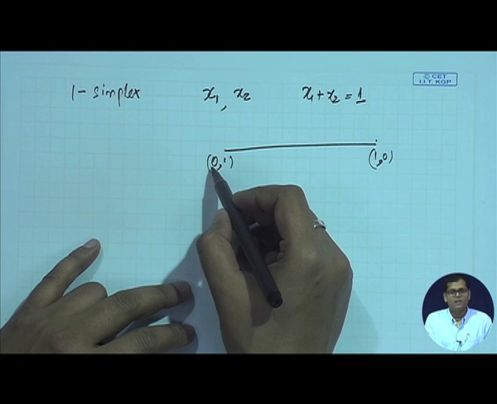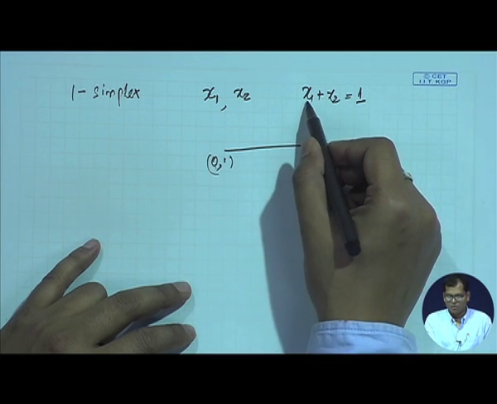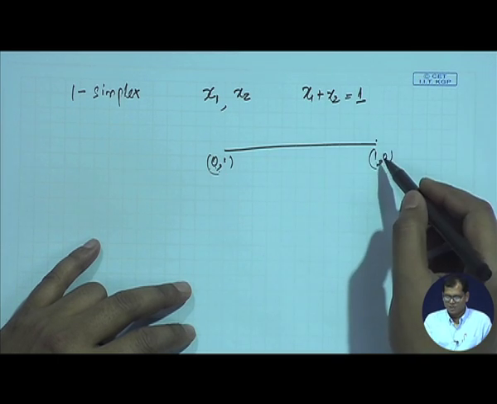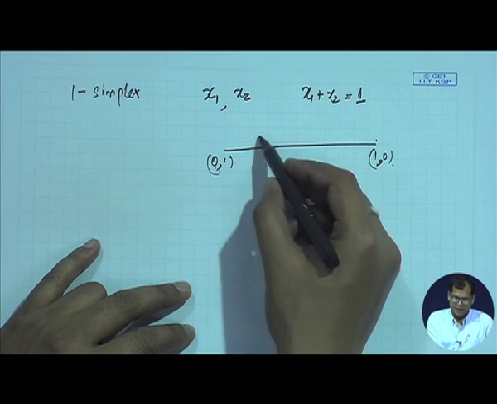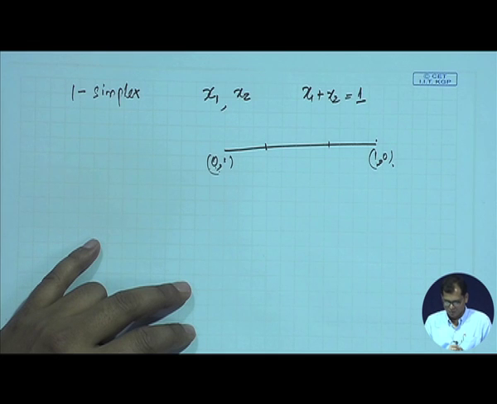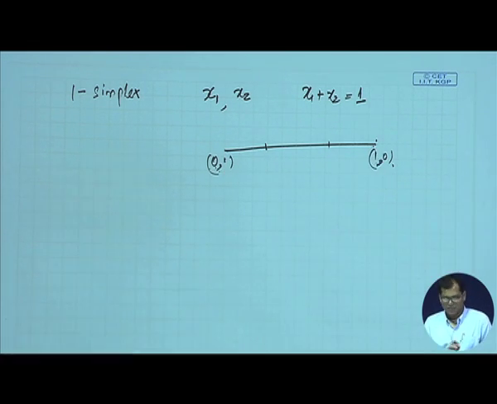That is, here x1 is 0, x2 is 1, and here x1 is 1, x2 is 0. Any point in between gives some values of x1, x2. So x1 plus x2 equal to 1 is a simple line. This is my one simplex.